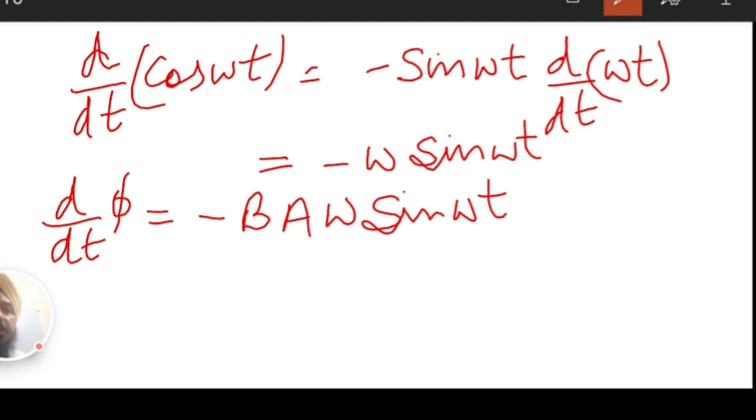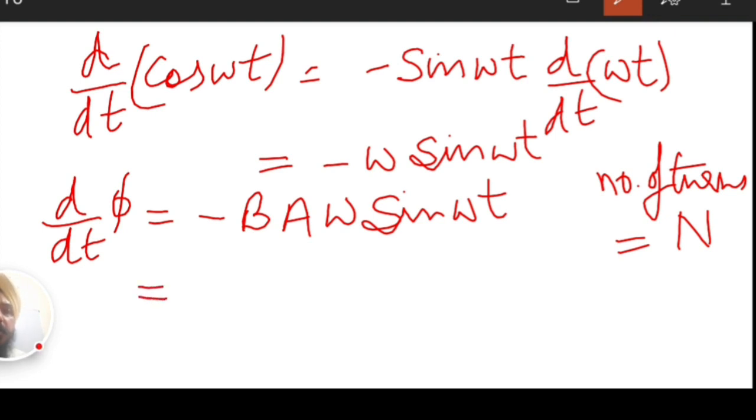If the coil has a number of turns equal to capital N, then the rate of change for all the turns will be equal to minus NBA omega into sin omega t.